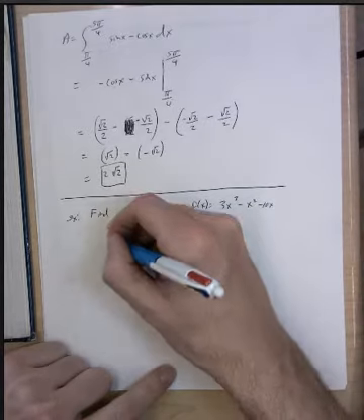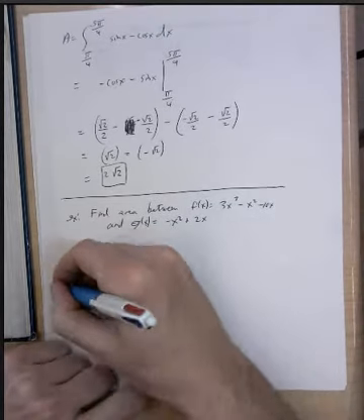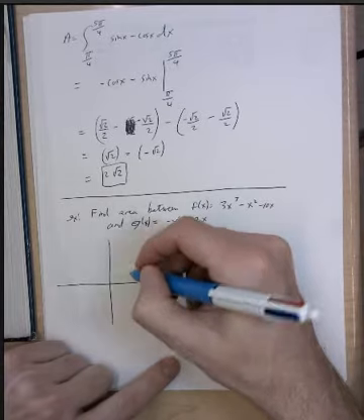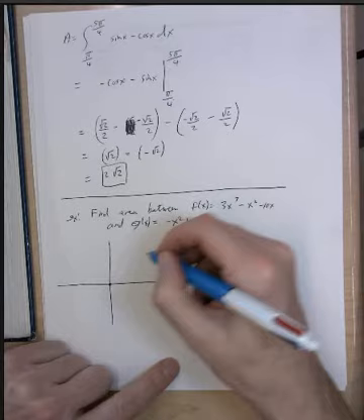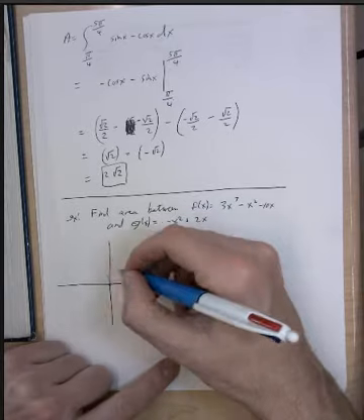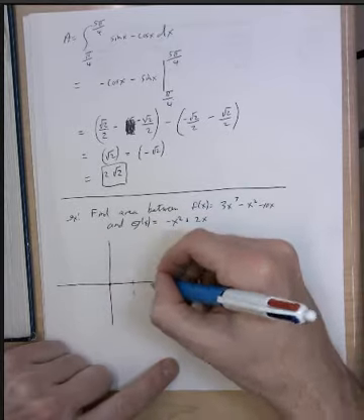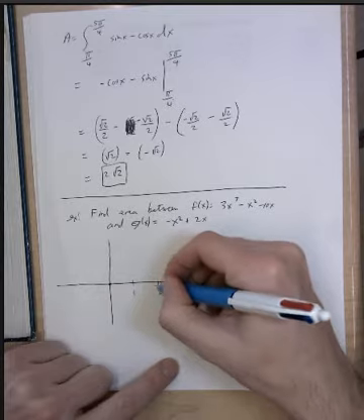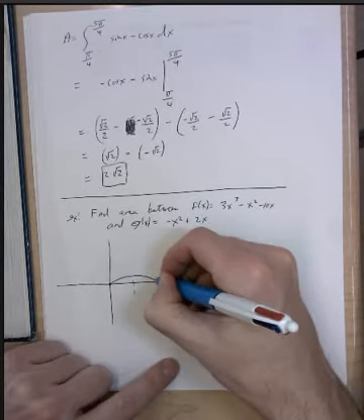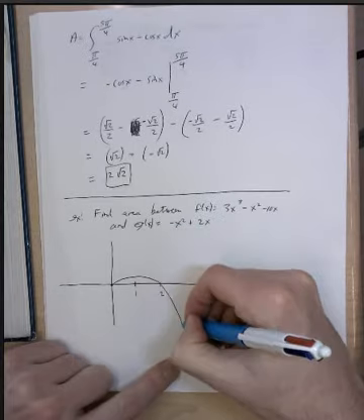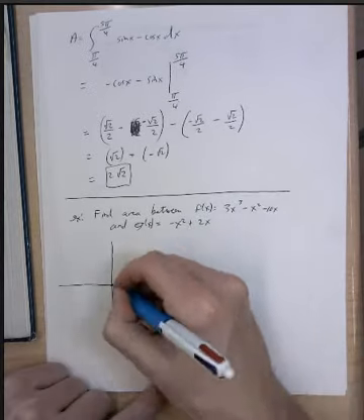And I'm going to draw the diagram as best as I can. So I'm going to draw g of x first because it's a little easier. So here's 1, here's 2. So the parabola goes like this. And it continues on down this way.